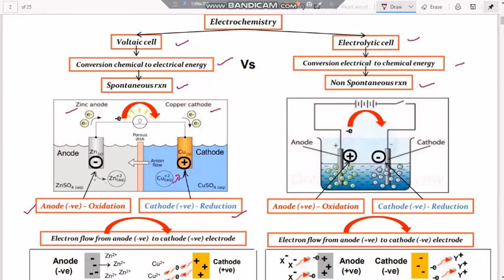Here you can see the arrow marks shown. Finally, the electrons move from zinc to copper. Most important, the movement of electrons is different, and the flow of anions is different.